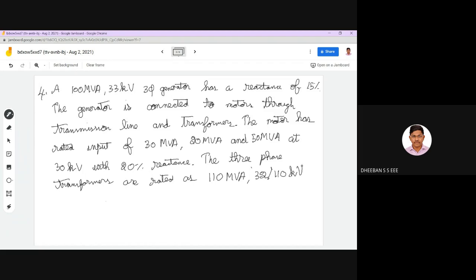Okay, and they have given the configuration as delta 2 star. Okay, so with leakage reactance of 8%.